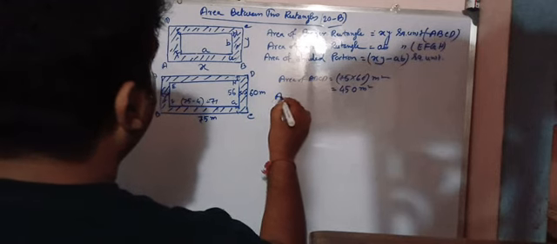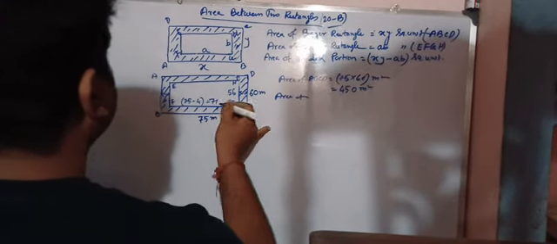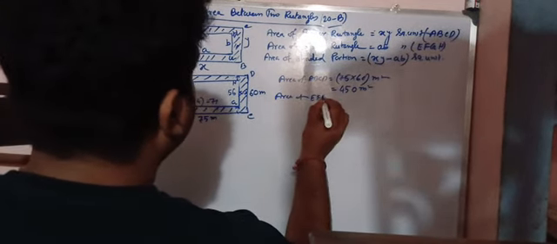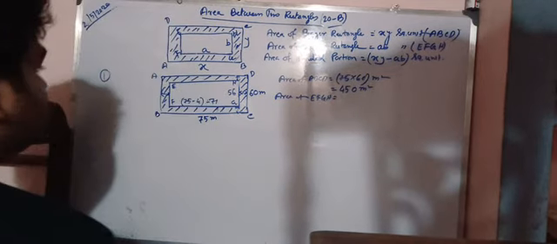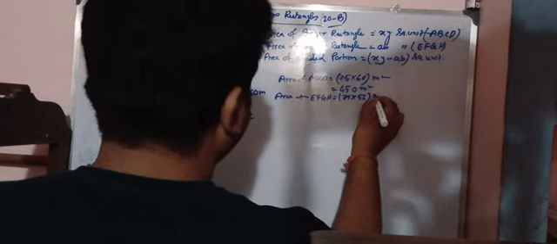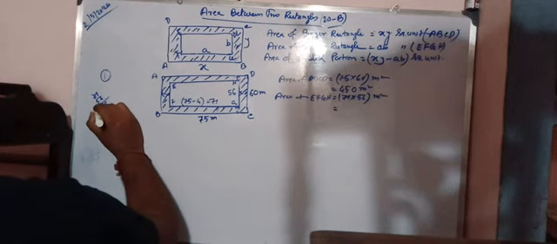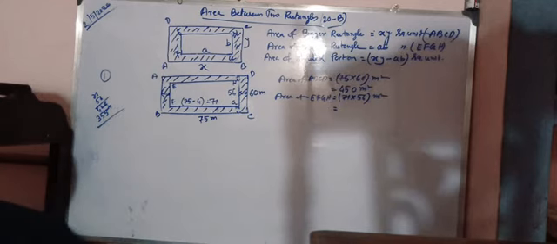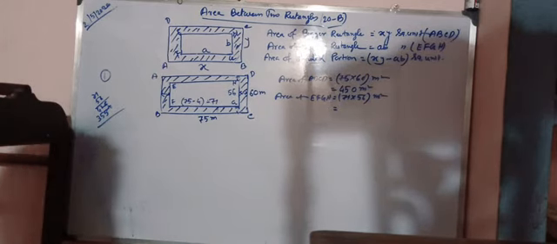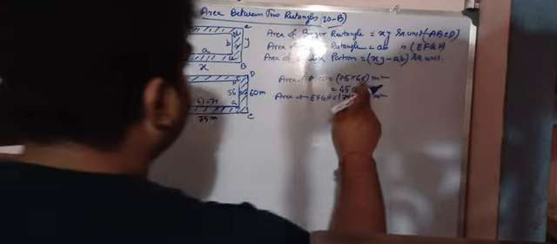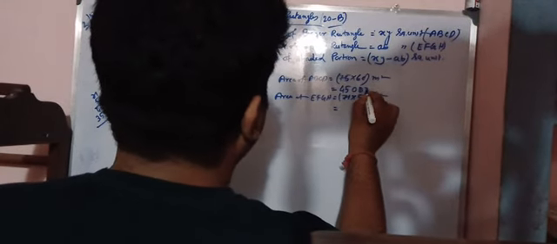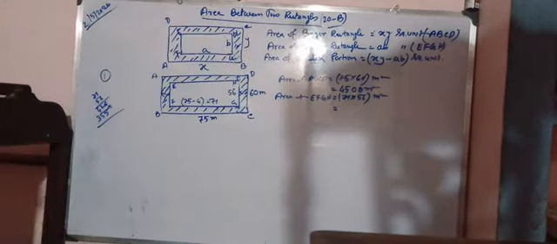Next, the area of EFGH is equal to 71 into 56 meter square. So if we multiply that, this is 3976 meter square.